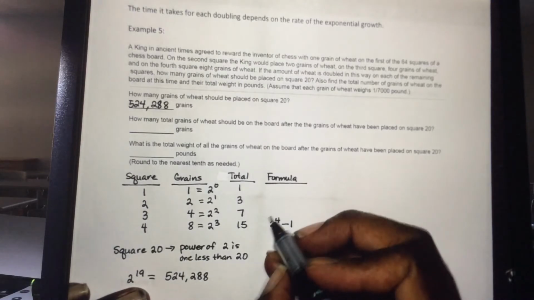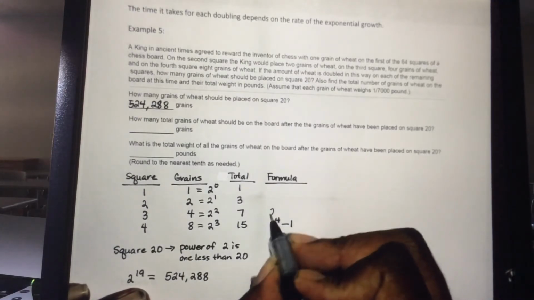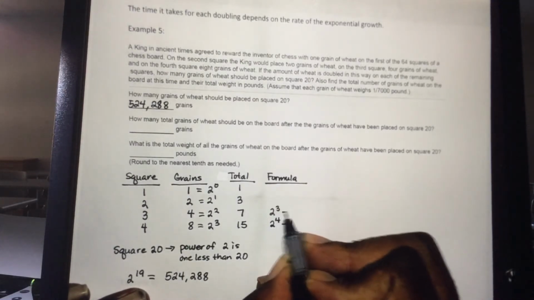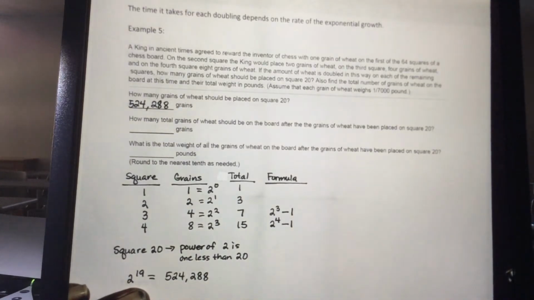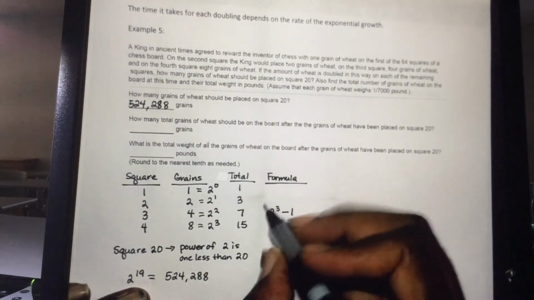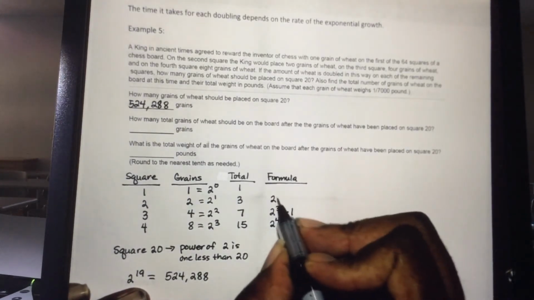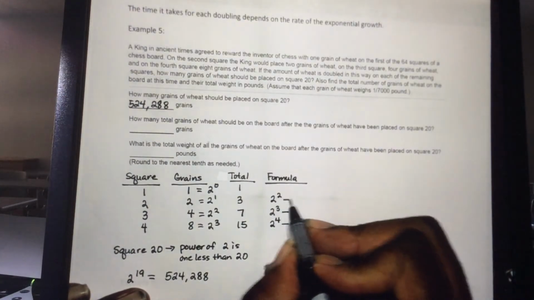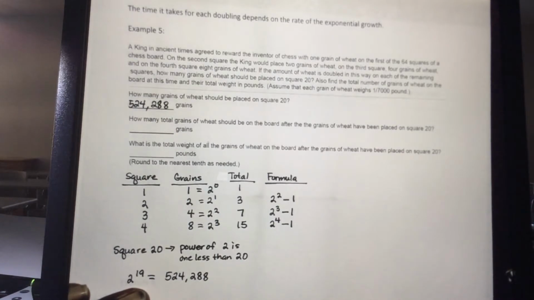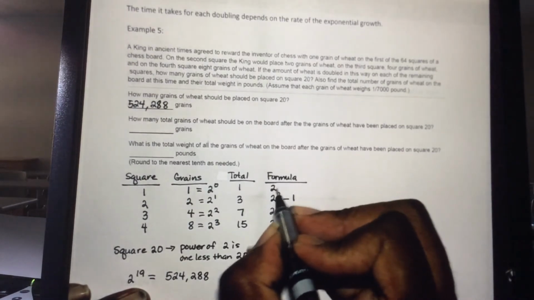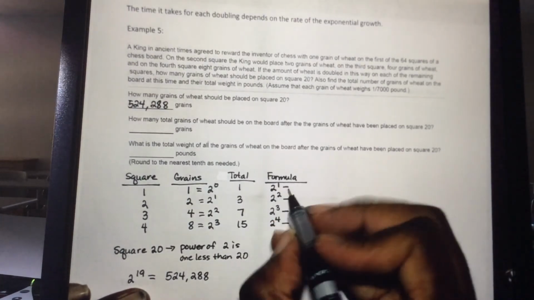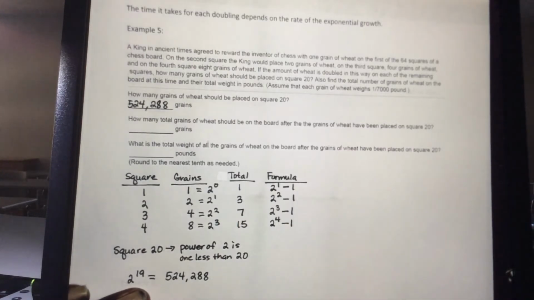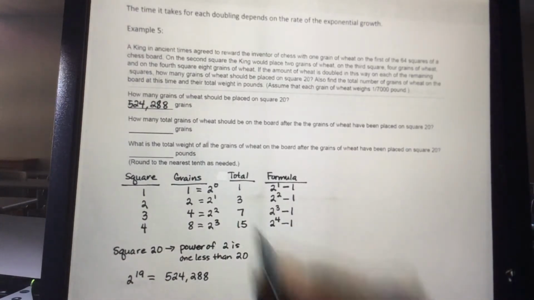Now for 7, that's 1 less than 8. 8 is 2 to the 3rd, and then minus 1 will give you 7. 3 is 1 less than 4. And 4 is 2 to the 2nd if you write it as a power of 2, and then subtract 1. And you can see that 1 is 1 less than 2, 2 to the 1st, and then minus 1 will give you these numbers here.